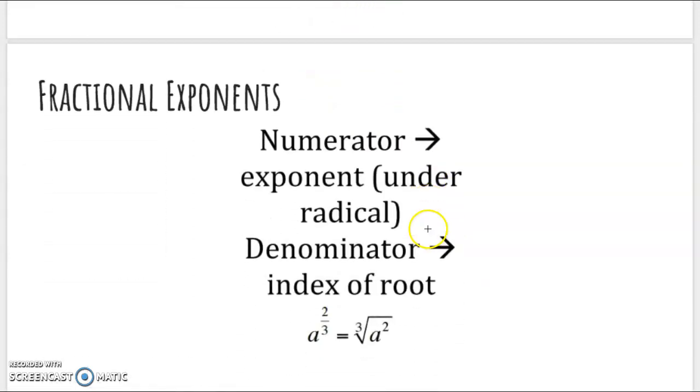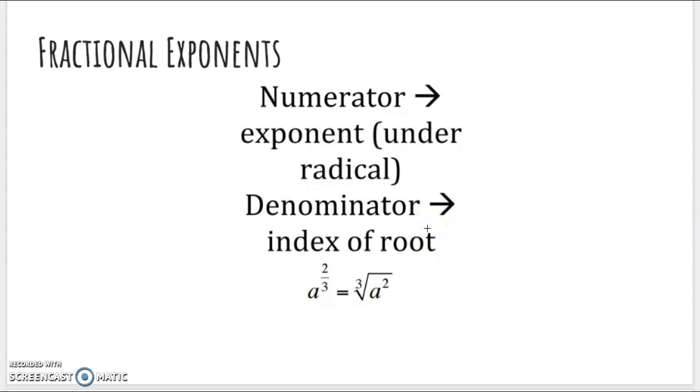And then last but not least, or not last but not least, very close though, you learned about this in Algebra 2 briefly, but basically if you have a fractional exponent, we learned that the numerator or the top of your fraction becomes the exponent, and then the denominator is the index.